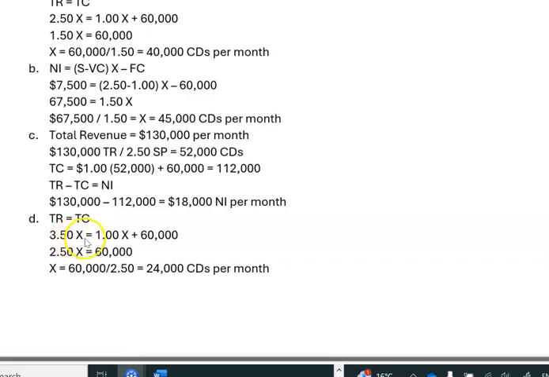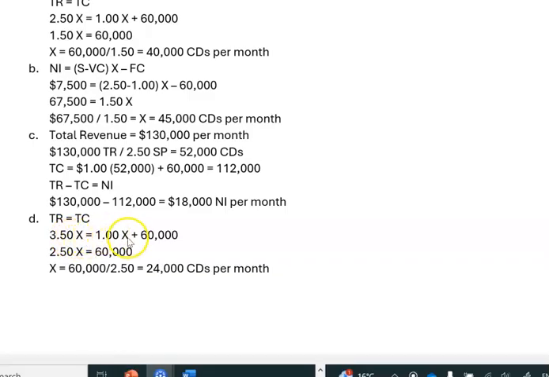So 3.50x equals $1x, our variable costs associated with each CD, plus the 60,000 fixed cost. We're going to get rid of the 1x from each side. That leaves us 2.50x equals 60,000. Therefore, x equals 60,000 divided by 2.50 gives us 24,000 CDs per month.